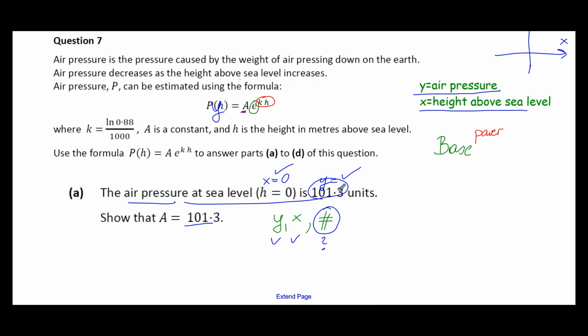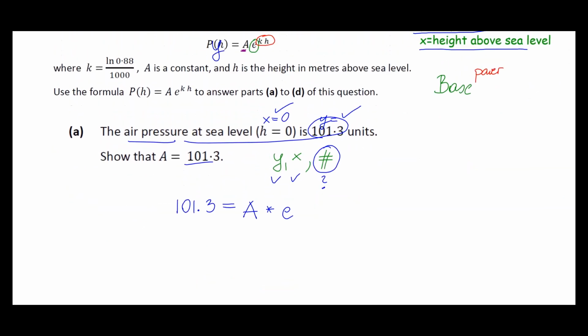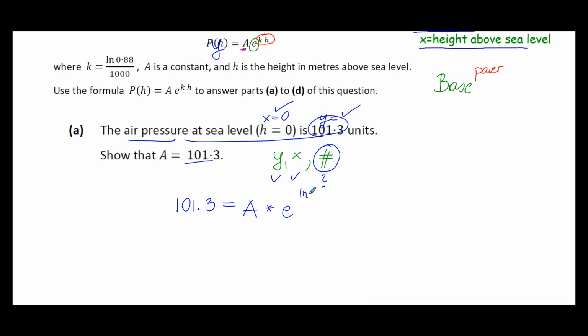In place of y, we put our number 101.3 equal, then A is the value I'm looking for, multiplied by e to the power, and k, I actually do have a number, so that is ln 0.88 divided by 1,000, and then that k is multiplied by h, and h is 0.